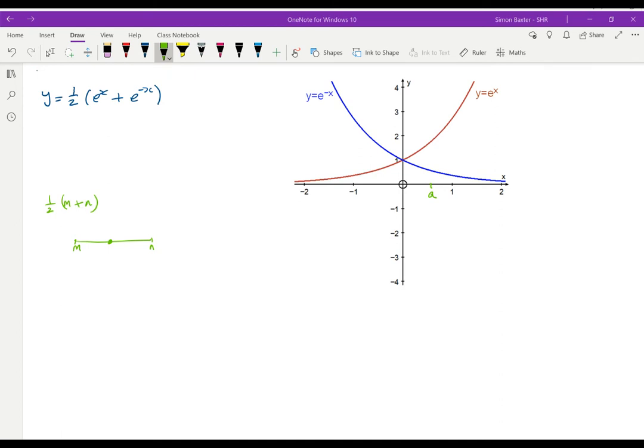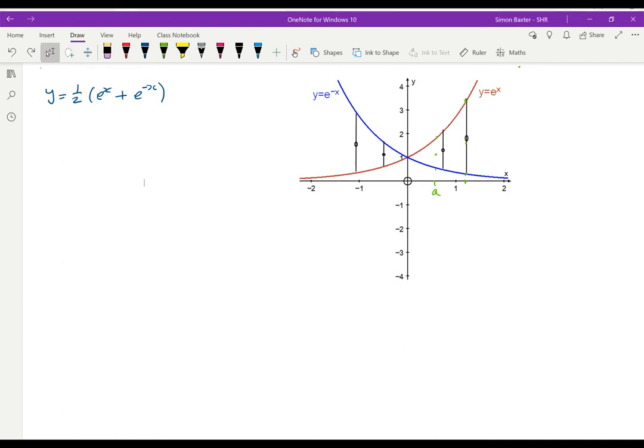So at this point where x is a, we have a point on the blue graph, a point on the red graph, and we are in the middle. If I take another point, a bit bigger than 1, there I am on the blue graph, there I am on the red graph, and in the middle. And we could do this lots and lots of times to find lots of midpoints.